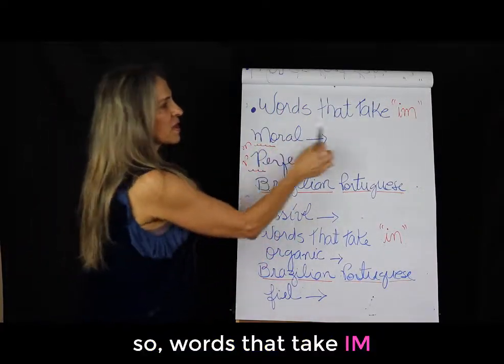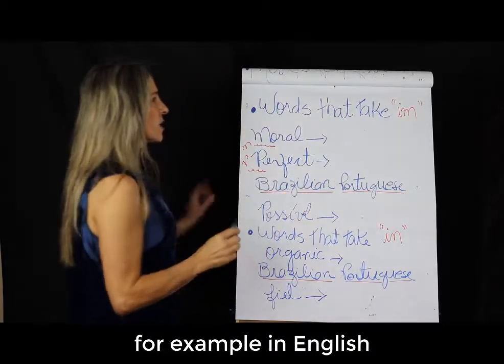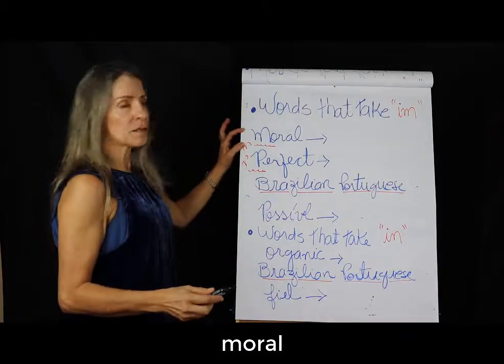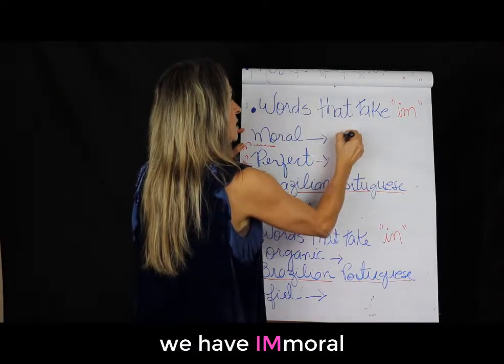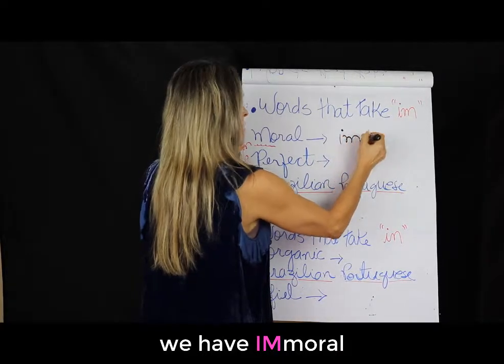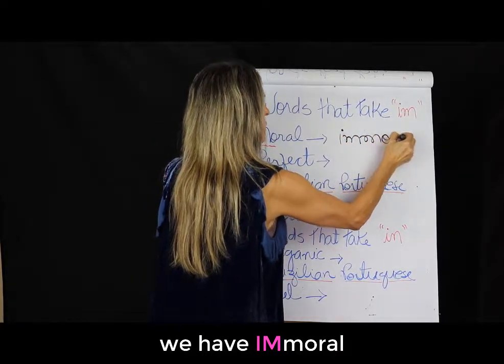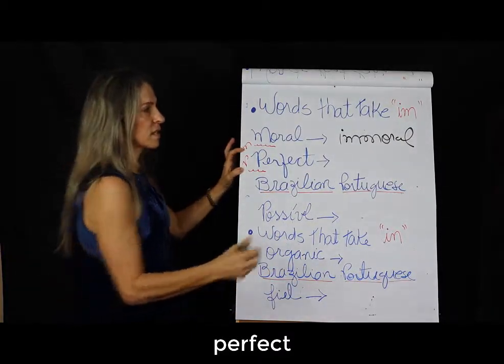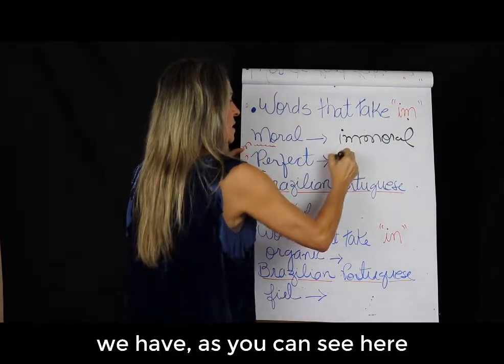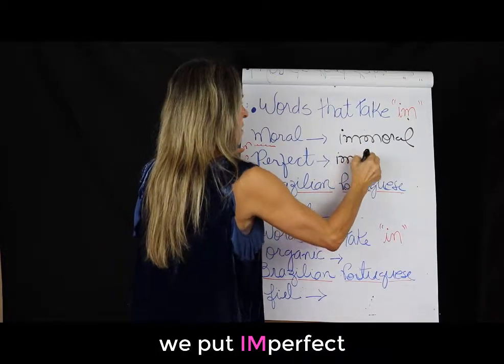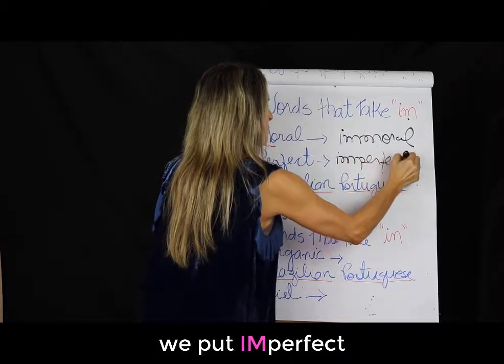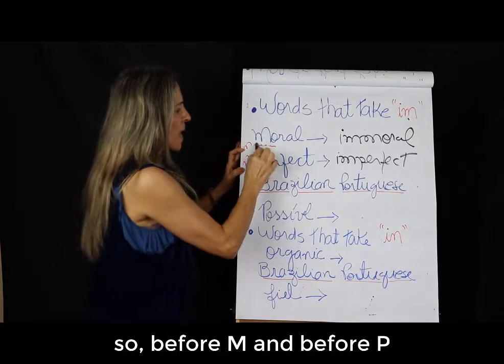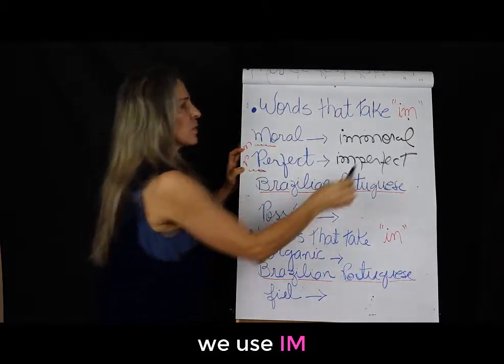So, words that take im, ok? For example, in English, moral, ok? Moral, we have immoral. Perfect, as you can see here, we put m. So before m and before p, we use m.